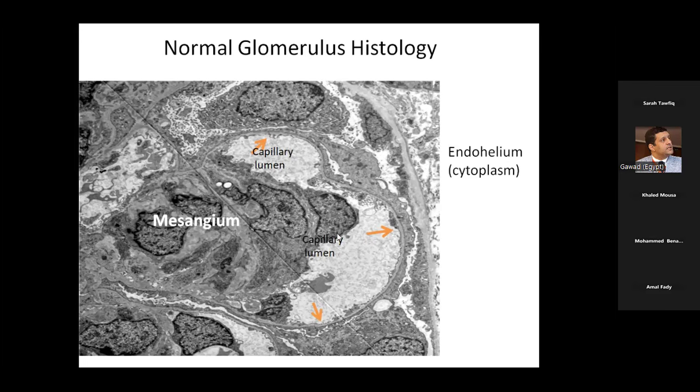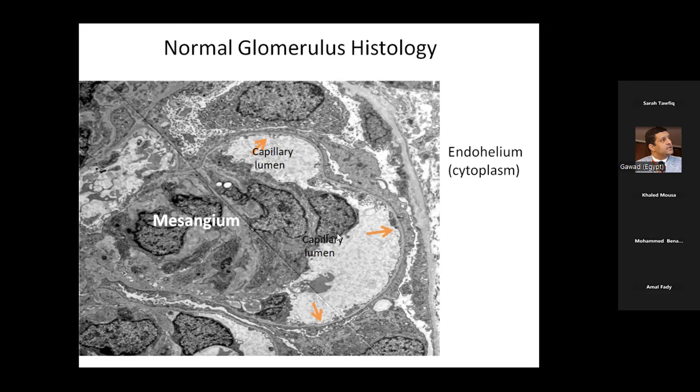That's the endothelial cytoplasm. It is a thin layer lining the inner surface of the glomerular basement membrane, and it is fenestrated. This means that it's a thin layer of cytoplasm with pores every length.